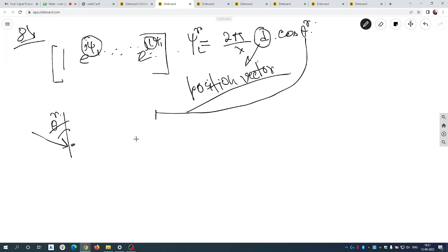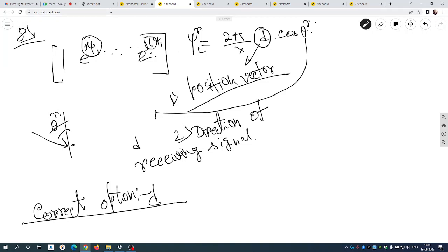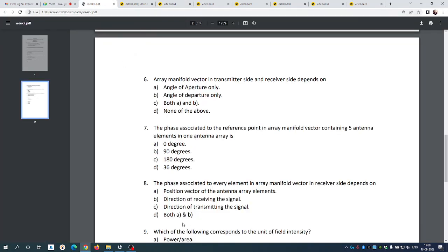So it will depend on position vector and direction of receiving the signal. So both the options are correct. So the correct option is option D, both A and B. This is the correct answer.